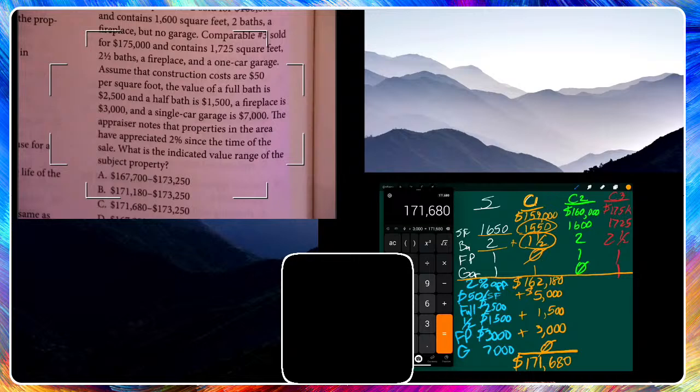But the thing is, it's different by one half bath's worth, and the problem is telling us the value of a half bath is $1,500. So that's usually the way you do it in real life: how much is a half bath worth? What kind of an adjustment? Okay, I'll add $1,500, because they both have one full bath, but one has a full and then the other only has a half.